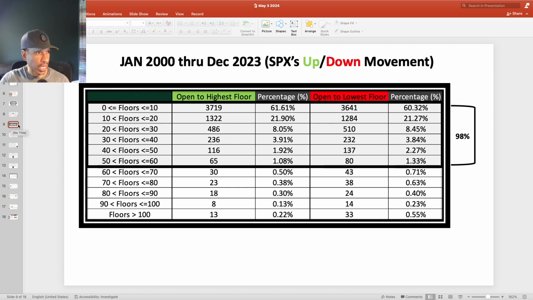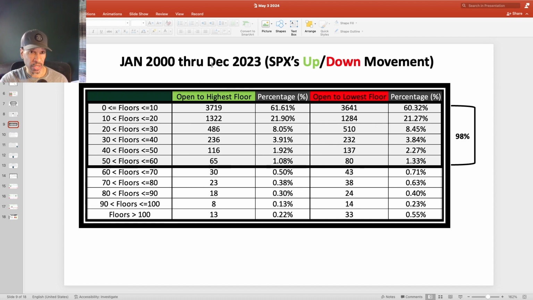So just looking at the last 23 years, we can see on this chart that when the SPX is moving from the opening price to its highest price of the trading session, that highest price normally is roughly 30 points or less above the opening price on any given trading session.